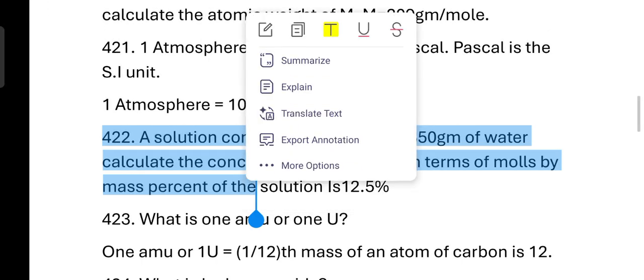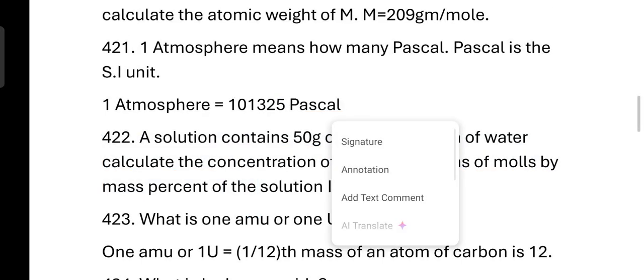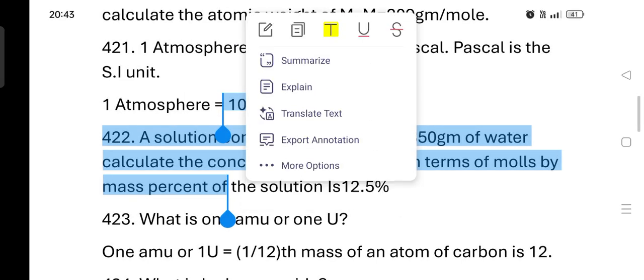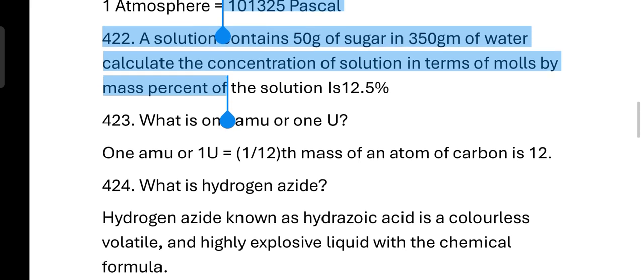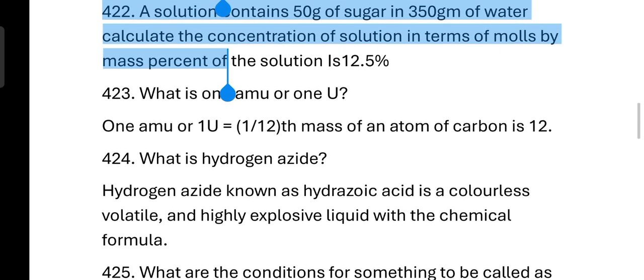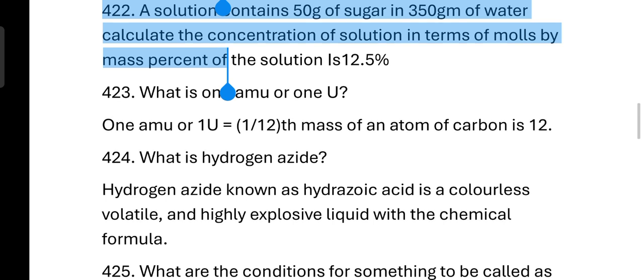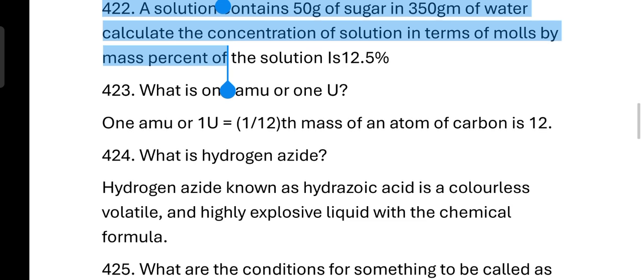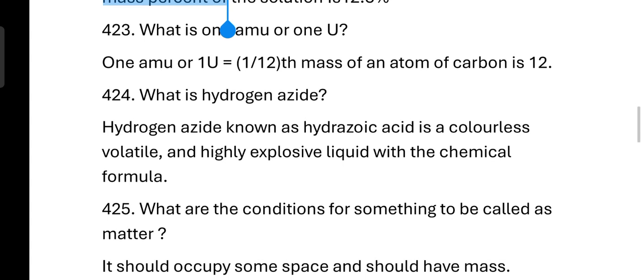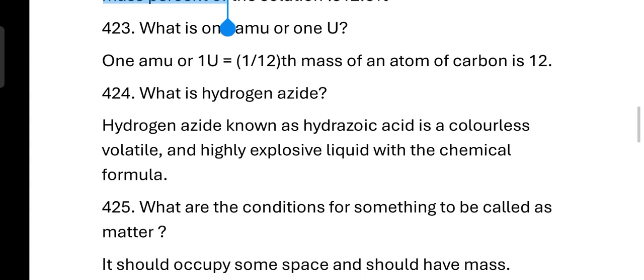What is the amu, or 1 u? One amu or 1 u is equal to 1/12th the mass of an atom of carbon-12. What is hydrogen azide?